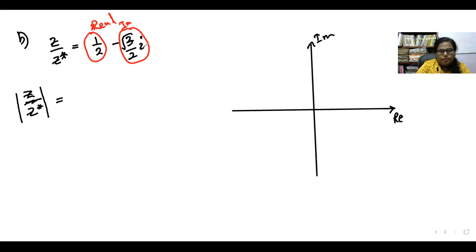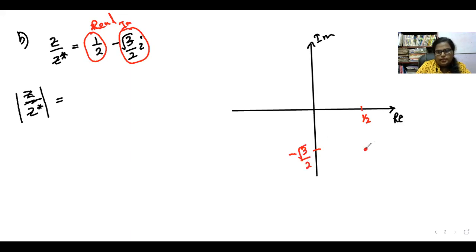You can see the real part is half, and the imaginary part is minus square root 3 over 2. So you can mark this one as minus square root 3 over 2 this way.